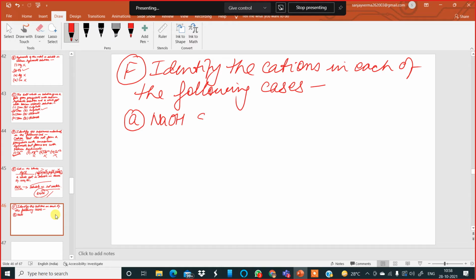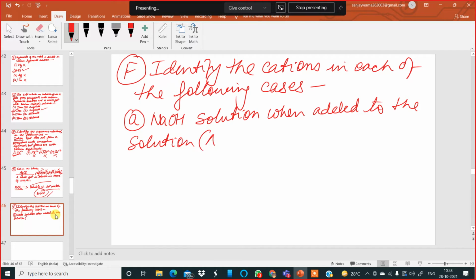NaOH solution, sodium hydroxide solution when added to the solution A gives a reddish brown precipitate.